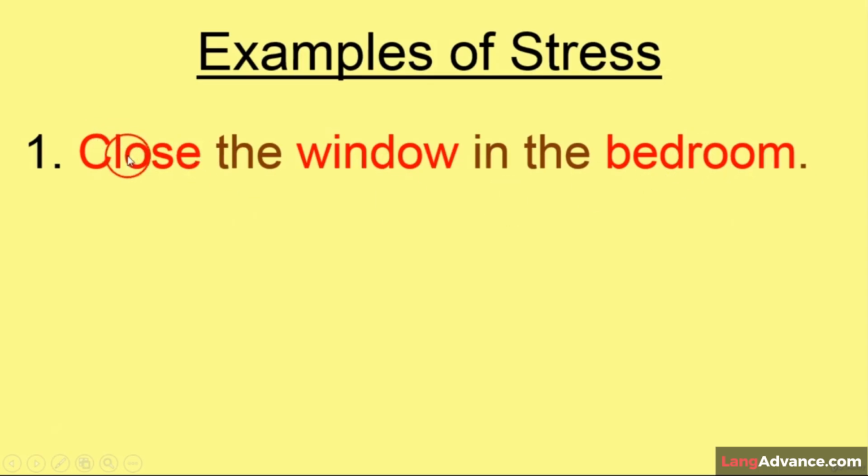These are the words that give the sentence meaning. And so we put stress on that. We lengthen the vowels. We might say the word a little bit louder. And even the pitch of our voice might be a bit higher than the other words in the sentence. Close the window in the bedroom.